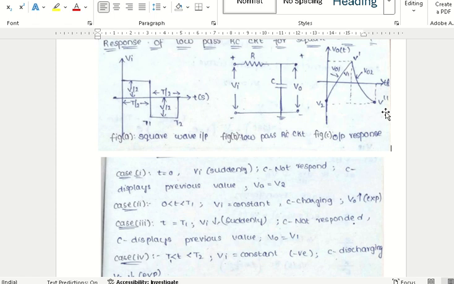During the discharging period, the initial value is V dash, the final value is V double dash, and the discharging motion of the capacitor is represented with an exponential waveform, and it is represented with V02. So this is the input signal and this is the corresponding response obtained by the circuit, and this is the low pass RC circuit.